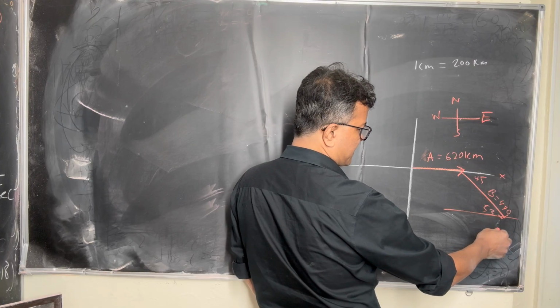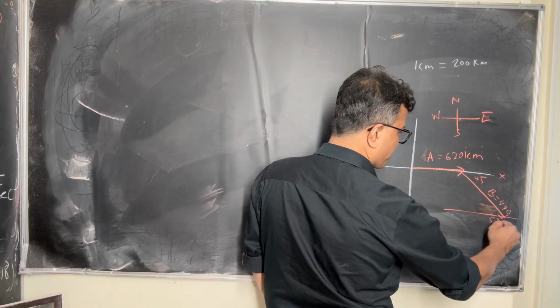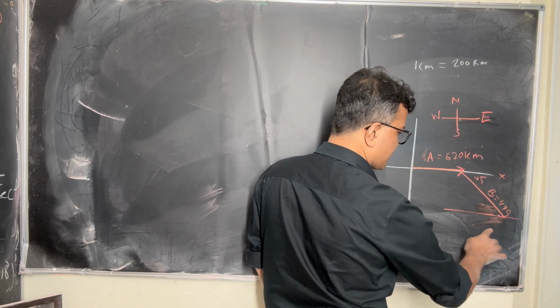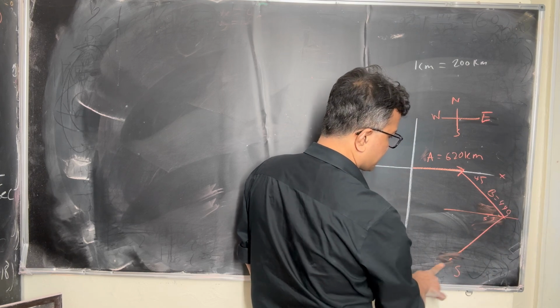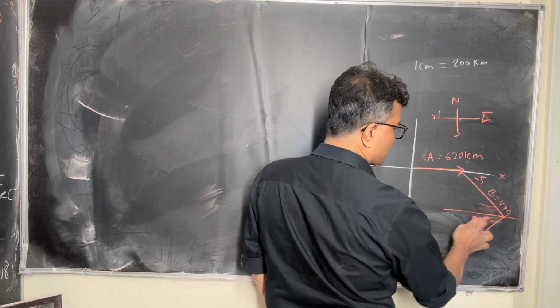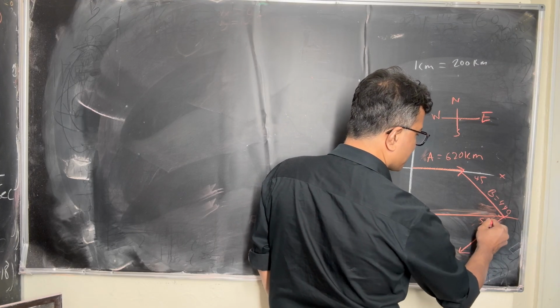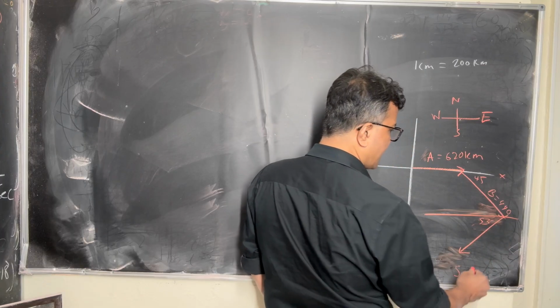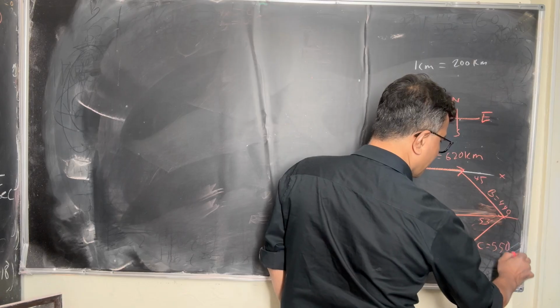This is the x-axis, so this is 53 degree. Again, I'm not drawing to scale. This is your x-axis, and this is 53 degree. And C is 550 kilometer.